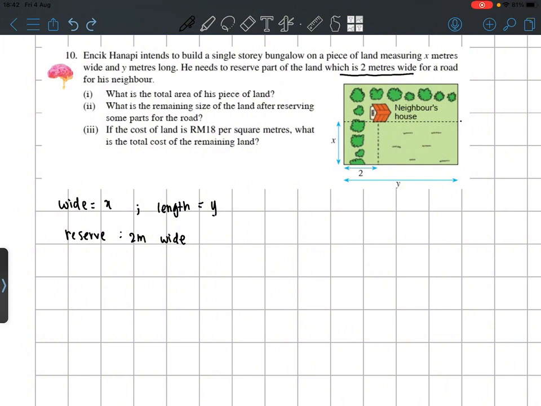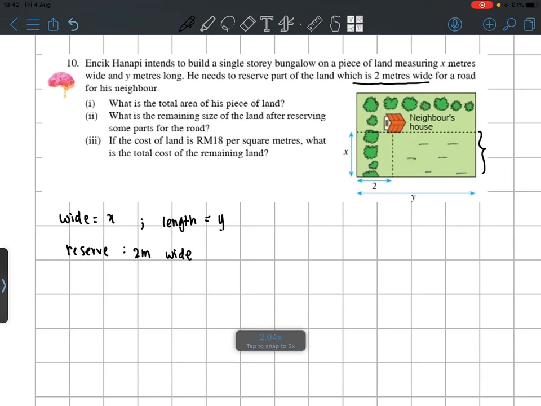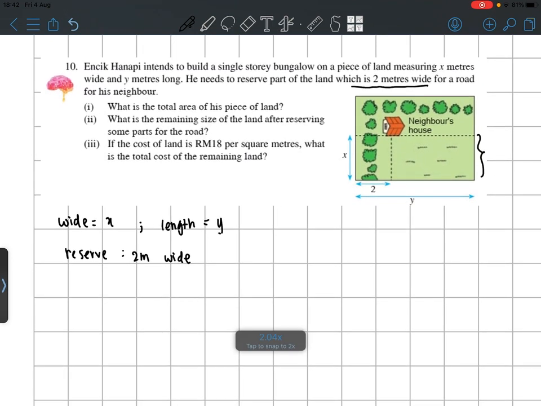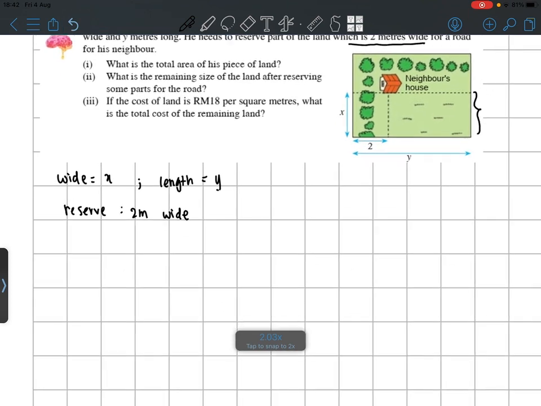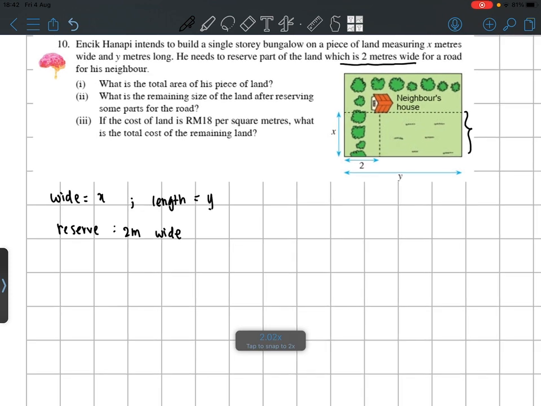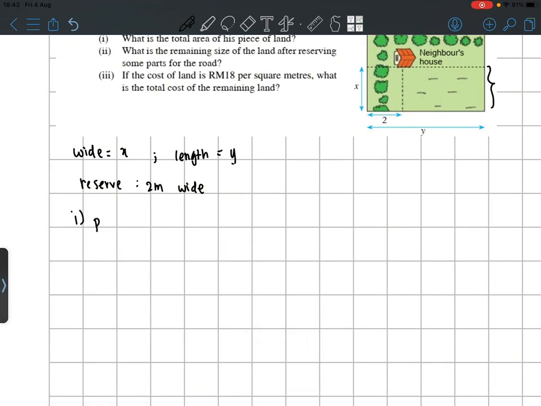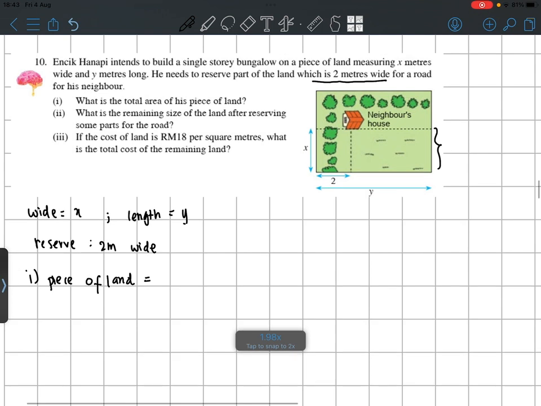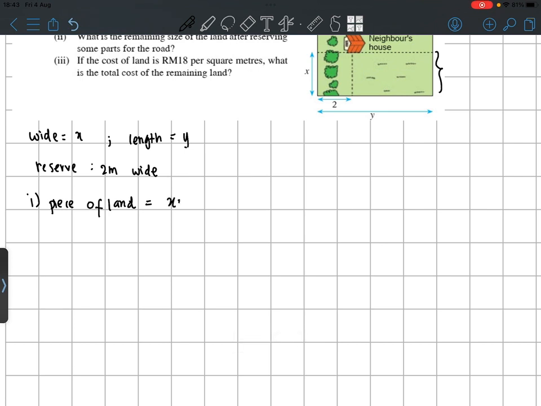This part is his piece of land. The area of the piece of land, because it is x meter wide and y meters long, is xy meter square.